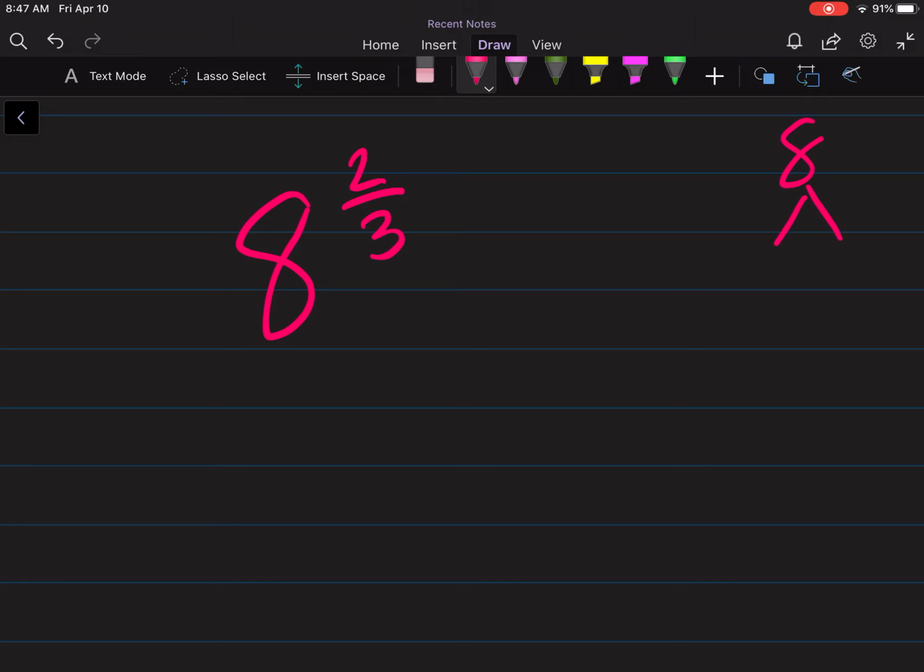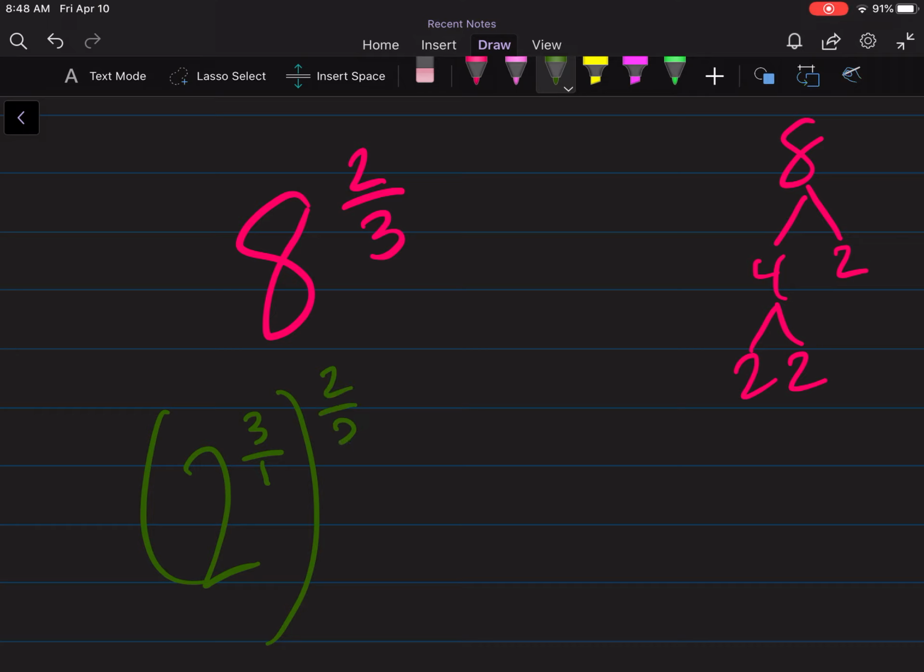So 8 can be 4 times 2 and 2 times 2. Once again, we're looking at that magic number 3. We have 3 2's right there. Okay, so that is 2 to the 3/1, all of that to the 2/3 power.